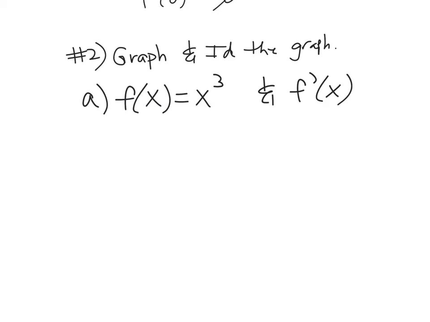Do you know where to find y1? It's under VARS. Go over to Y-VARS, choose function, and then choose y1. That way you don't have to change it every single time. You just put the function in for y1, and then the second one is going to take the derivative of whatever you put in there. And then it has to be at x.